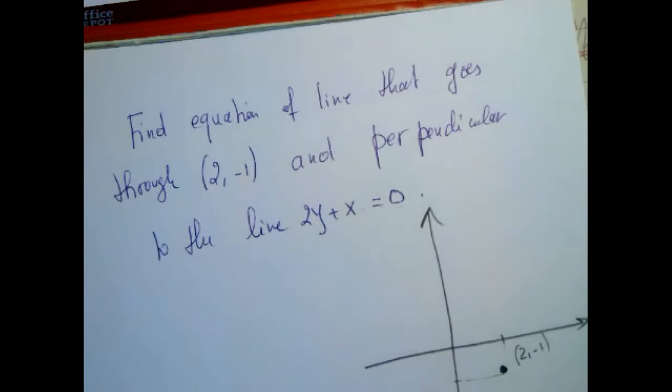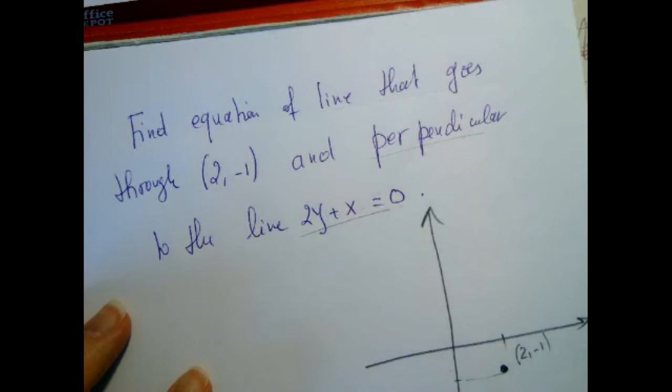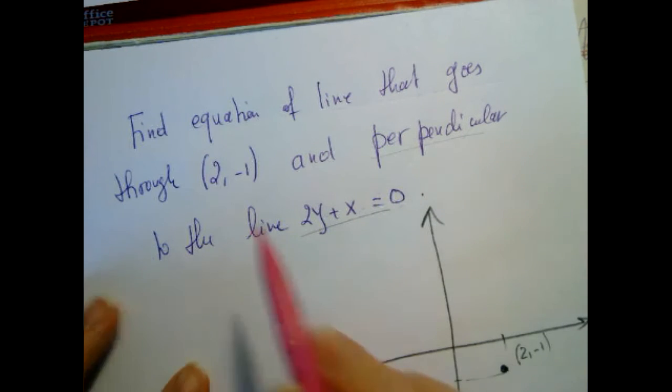To find the equation, I need the slope. I did not give you the slope, but I told you it's perpendicular to this line. So I have a point, and I need the slope.